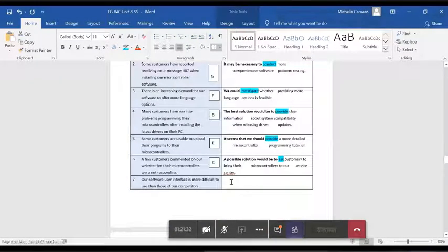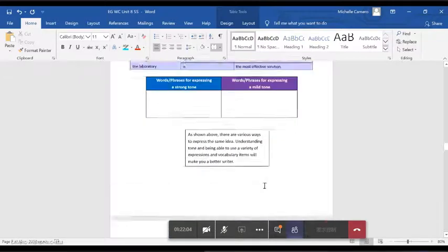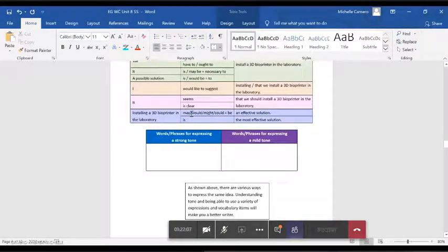We can use this. Updating our software interface to make it more user-friendly could be an effective solution.